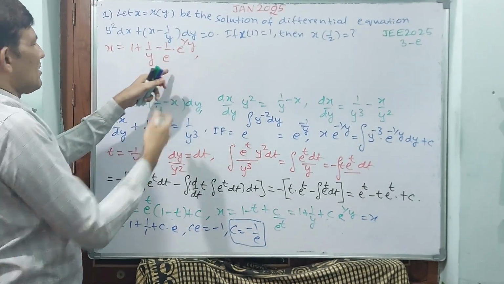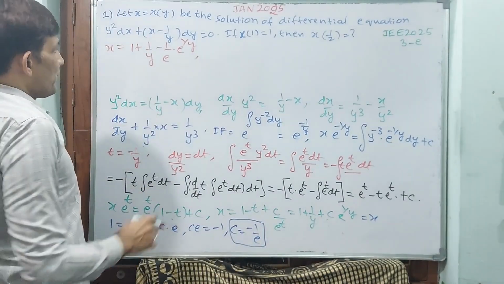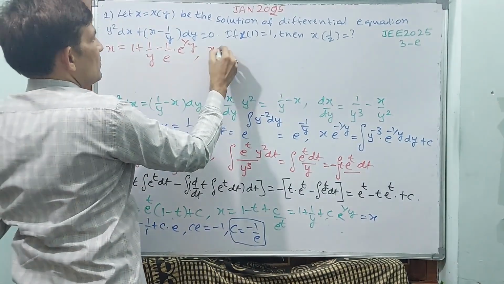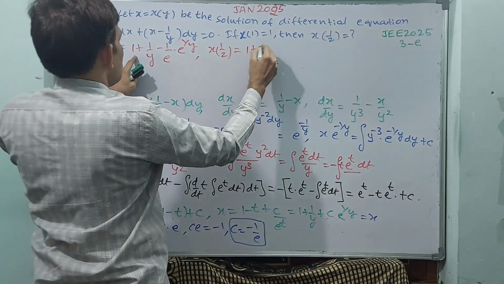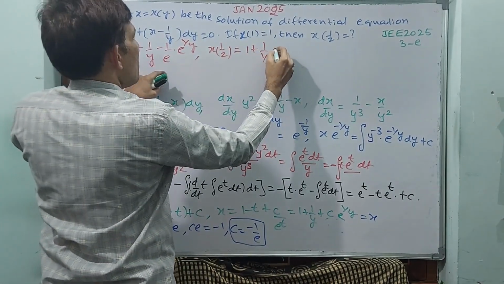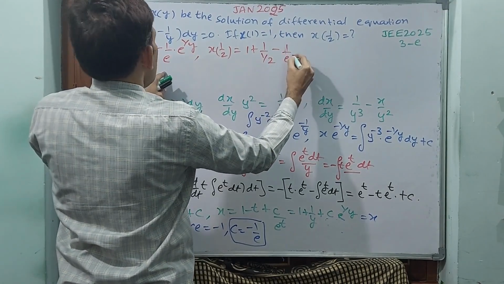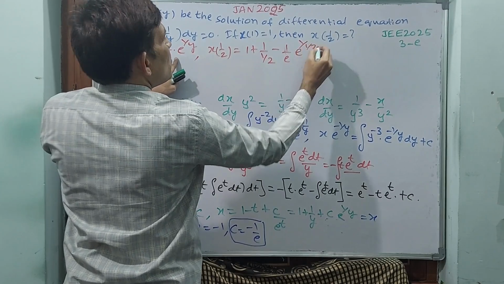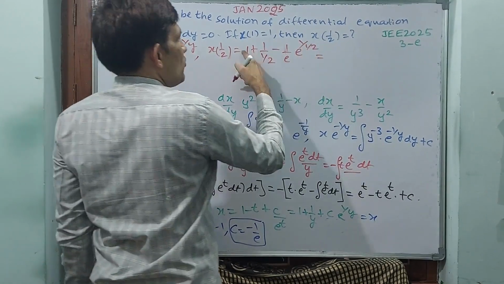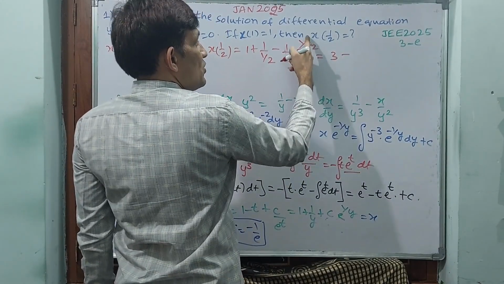Actually, we can make something, but I don't want. Why? Because we will give y value 1 by 2. That means see x of 1 by 2 is equal to, x value we are getting 1 plus 1 by 1 by 2 minus 1 by e into e power 1 by 1 by 2. That is equal to, see this is 2 plus 1 3 minus, see e square by e.